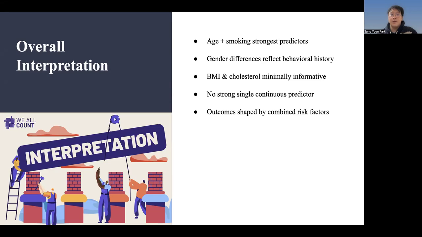BMI and cholesterol provided very limited explanatory power, and no single continuous variable predicts mortality on its own, reinforcing that lung cancer prognosis is shaped by multiple interacting risk factors. This holistic pattern reflects both clinical expectations and data set specific nuances.